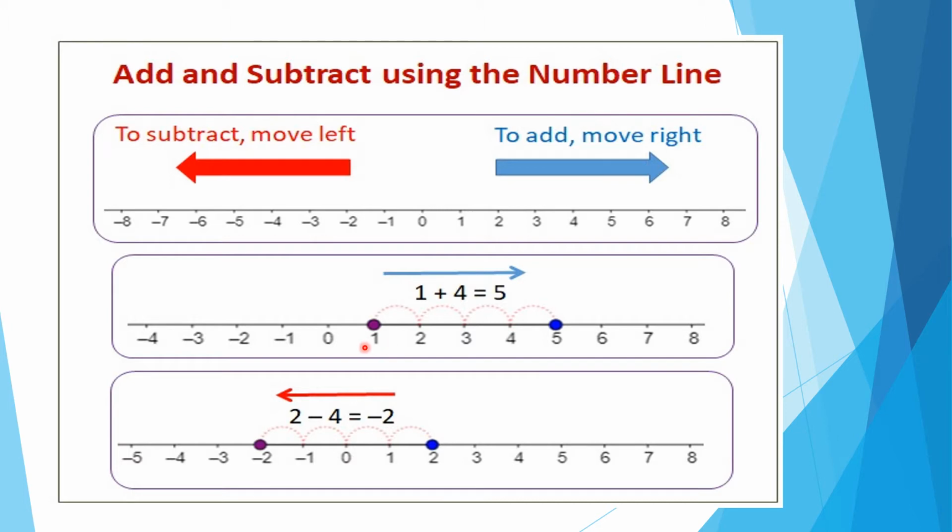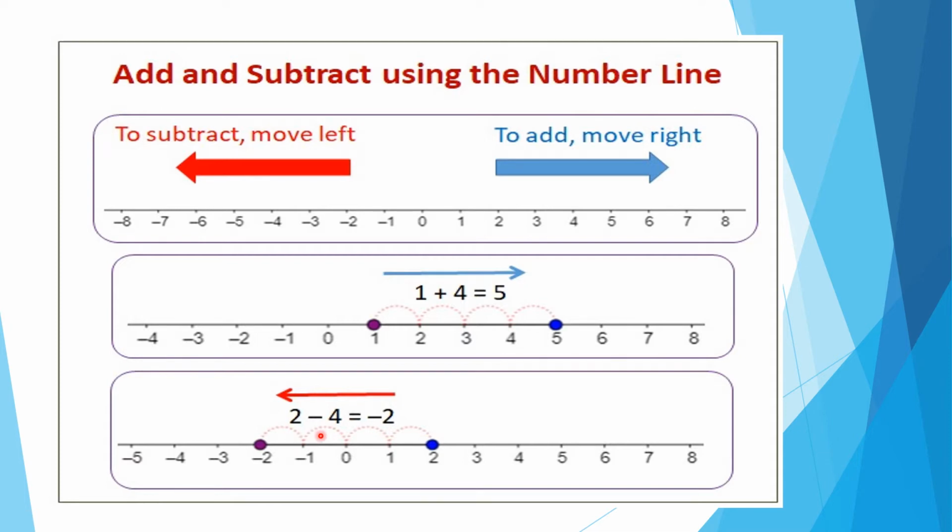We move to 1 from 0, and start from 1 and move 4 steps to the right side. So 1, 2, 3, 4. On moving 4 steps, we reach 5. So 1 plus 4 is 5. And when you represent it on a number line, you have to represent it like this.